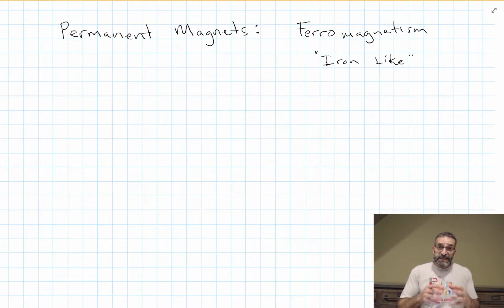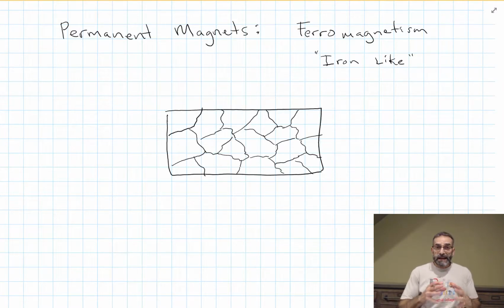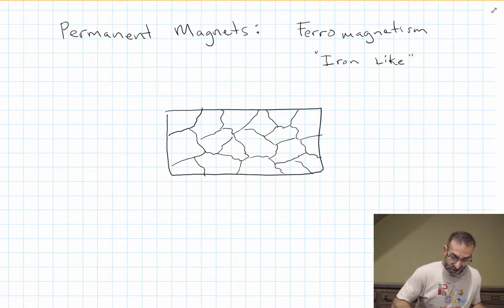But what happens is they start to align in one area in one orientation and in another area in a different orientation, and we end up with something that looks like this. As the iron was forming into a solid, the magnetic moments of the iron atoms align next to each other, forming a permanent magnet in this little region right here.